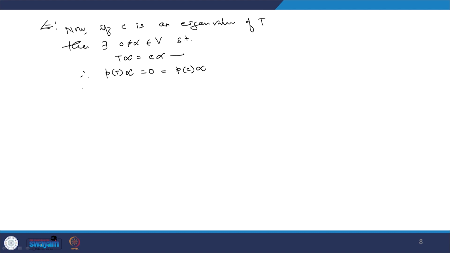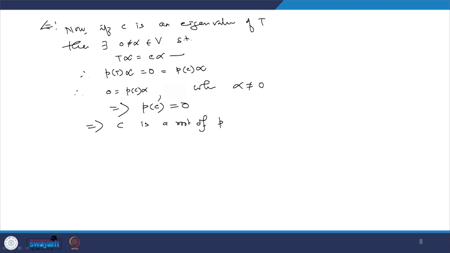So, 0 equal to p(c) alpha, where alpha not equal to 0, implies p(c) equal to 0. So, this implies c is a root of p. So, you see that the roots of the minimal polynomial and the roots of the characteristic polynomial are the same, but the multiplicities may be different. So, we see that c is also a root of the minimal polynomial p.